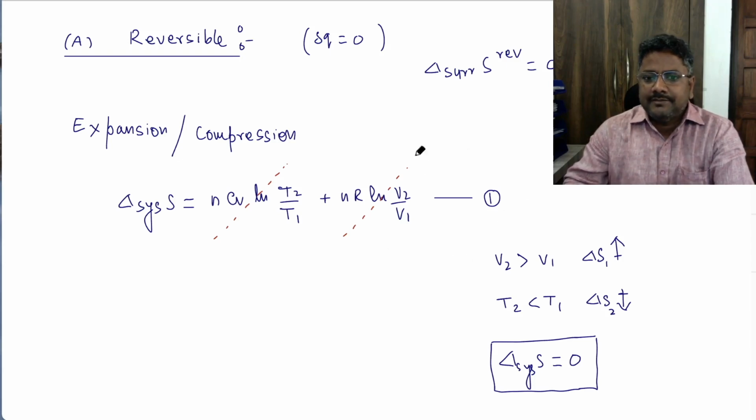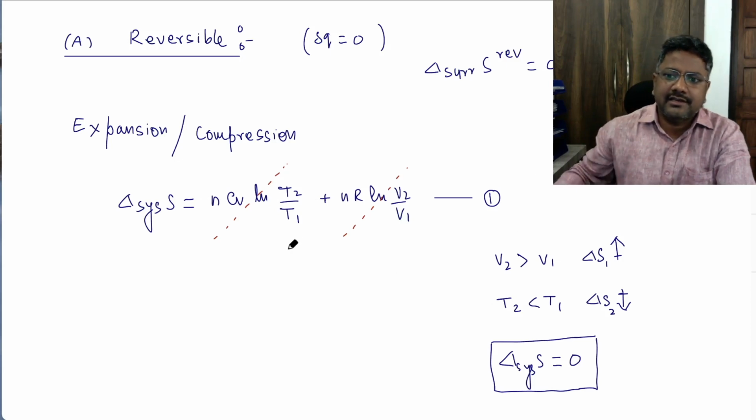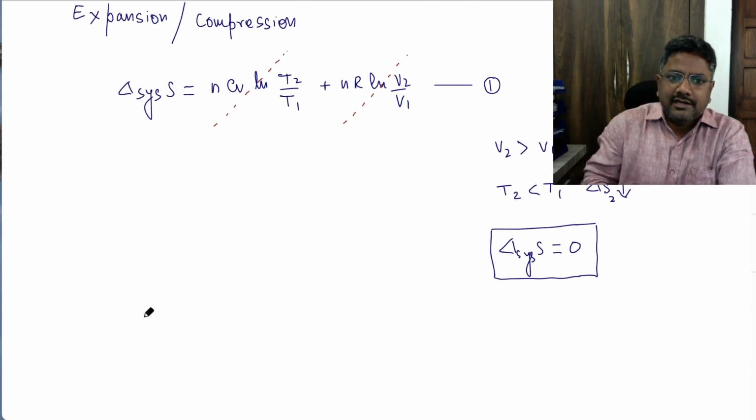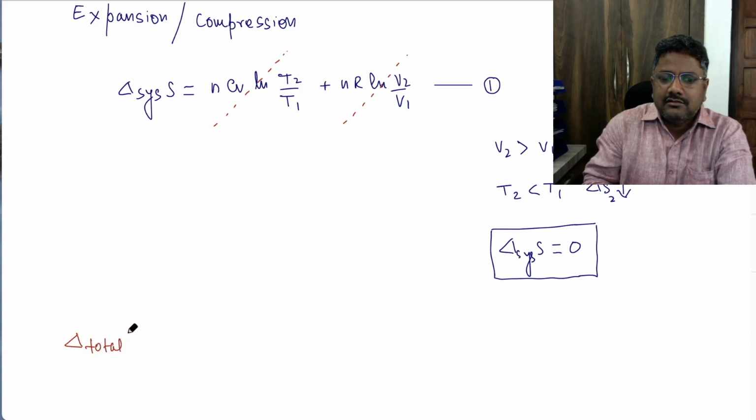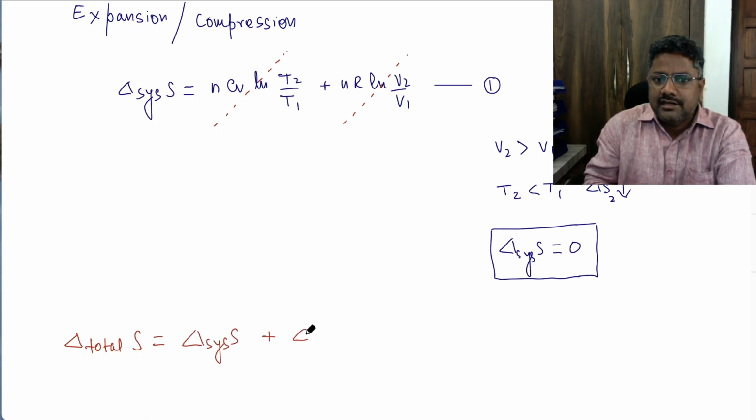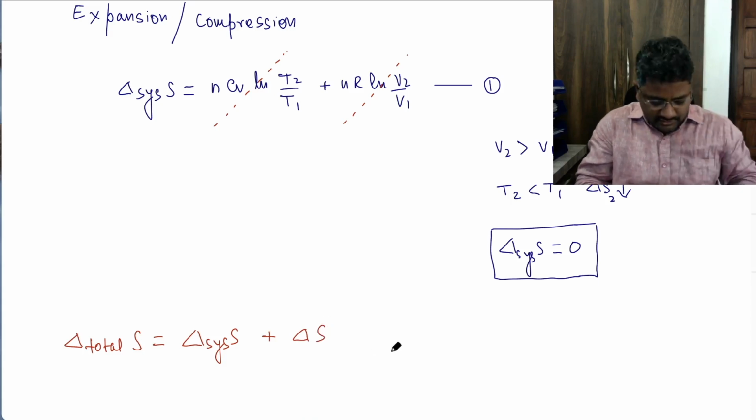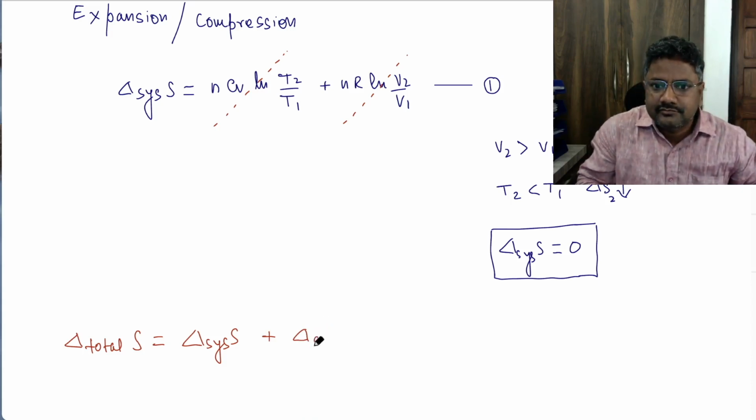So in case of reversible adiabatic expansion, what is the delta S total? So delta S total is equal to delta S system plus delta S surrounding, and this is equal to 0.